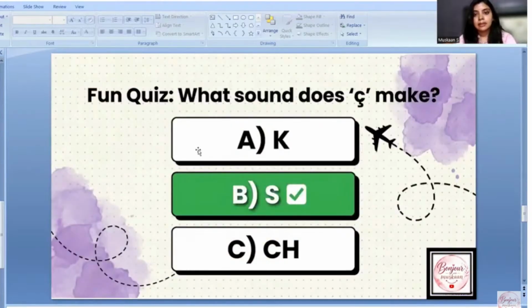Now, a fun quiz. What sound does C with cédille make? Obviously, it's an S sound, a soft S, like in français, garçon.